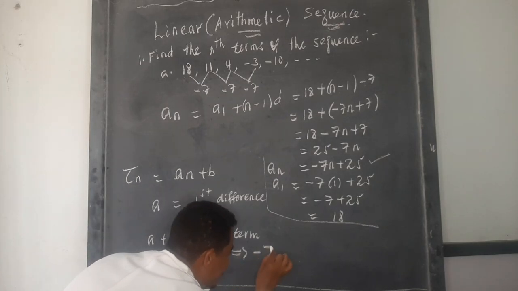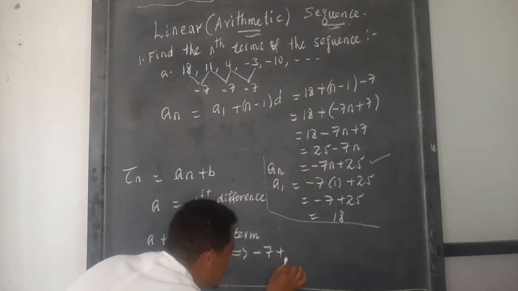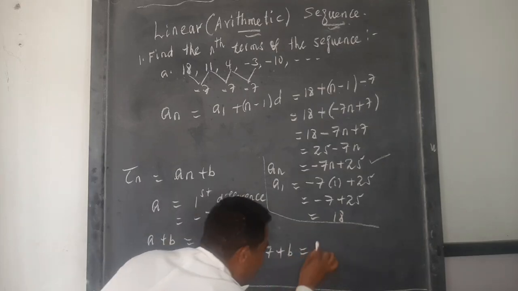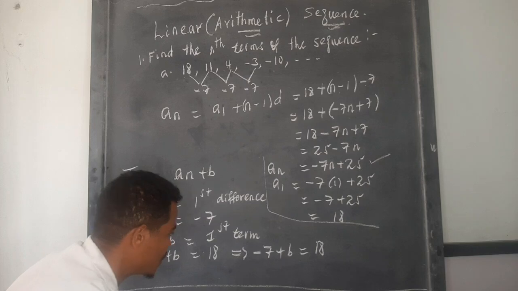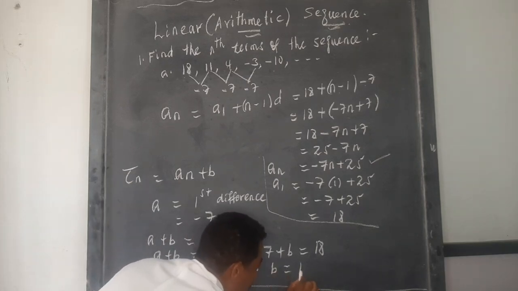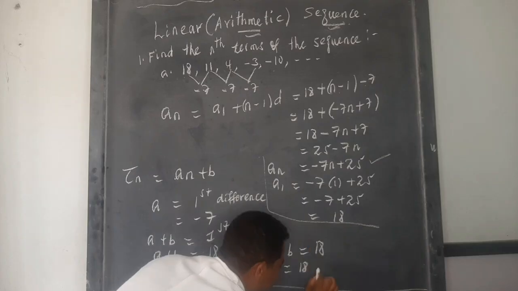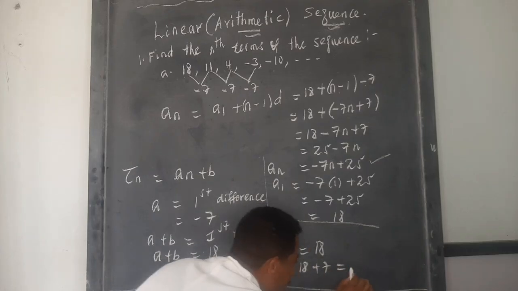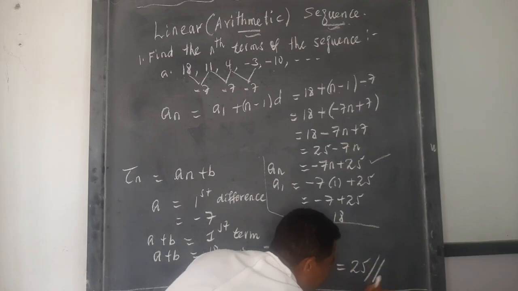Minus 7 plus b is equal to 18. This implies b is equal to 18, transferring there, plus 7, which is equal to 25.